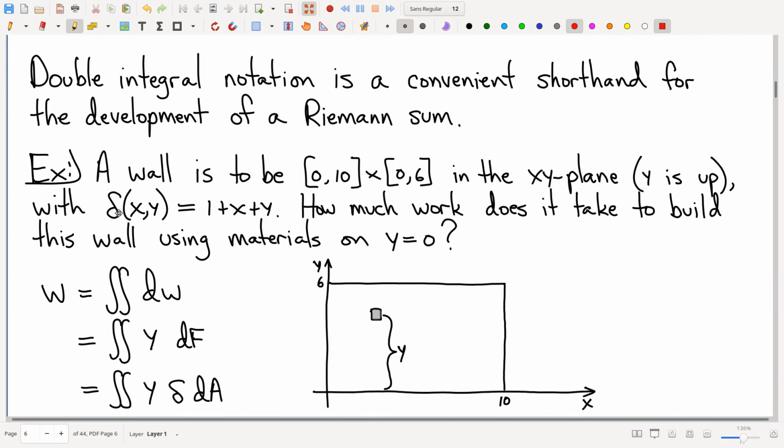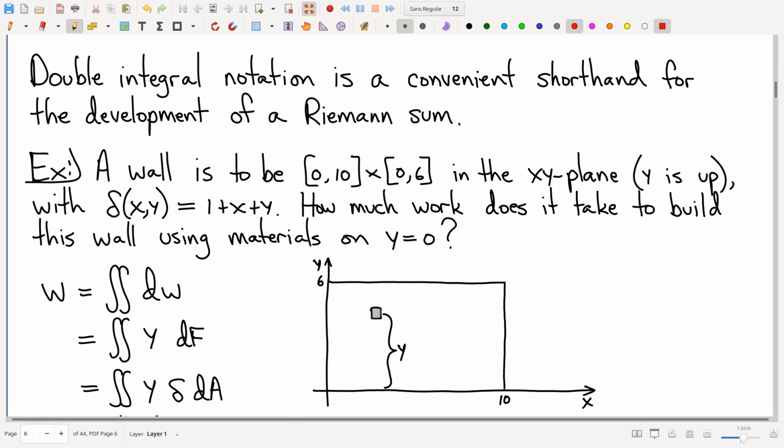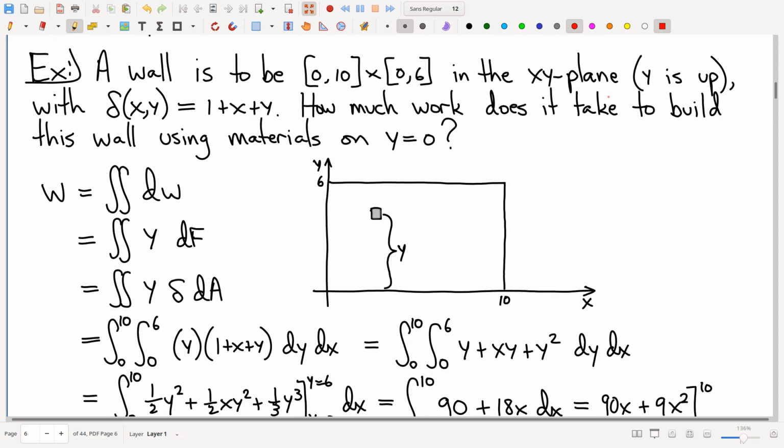Okay, here's another example, the purpose of which is to talk about this convenient shorthand that is double integral notation. This is, you might call, an intricate example of a practical problem, very real world. This problem occurred to me when they were building the house that I currently live in.